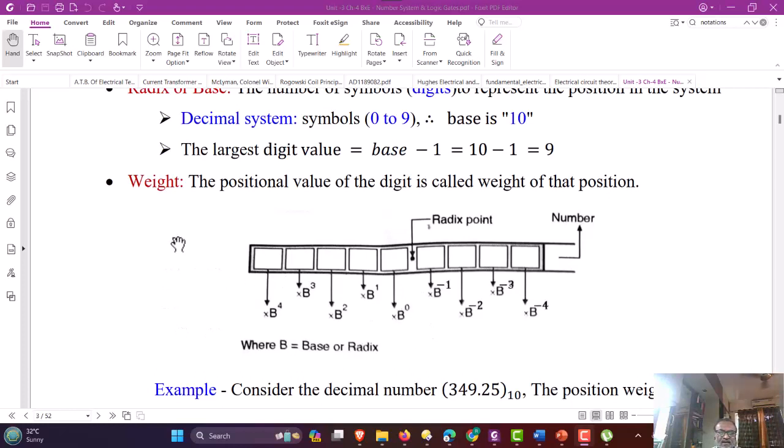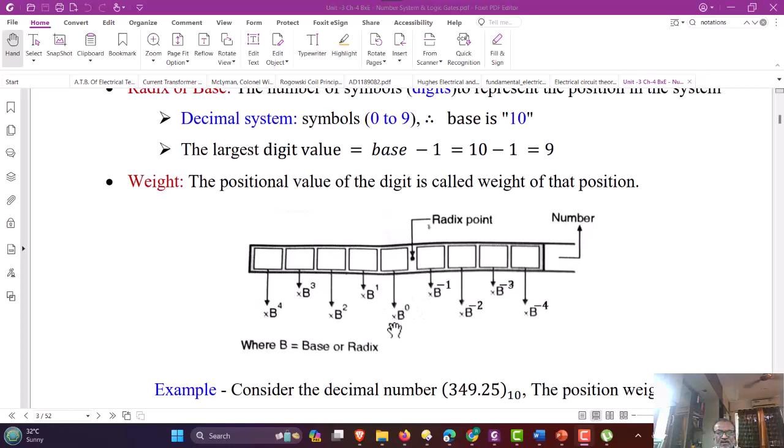So here the figure indicates a generalized diagram of any number system in which the integer part is the left part of the radix point, and the positions are from 0 position to n number of positions. Those are increasing in left side, and the position weight will be the power of the base starting from 0.